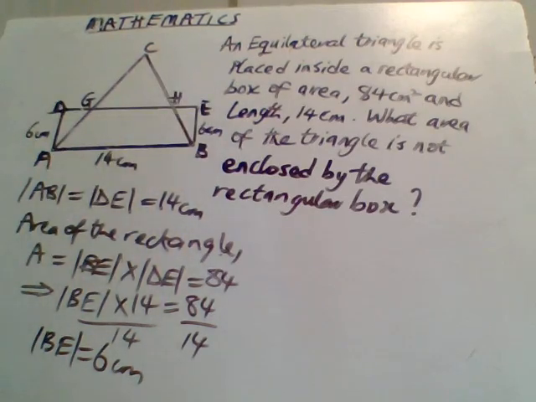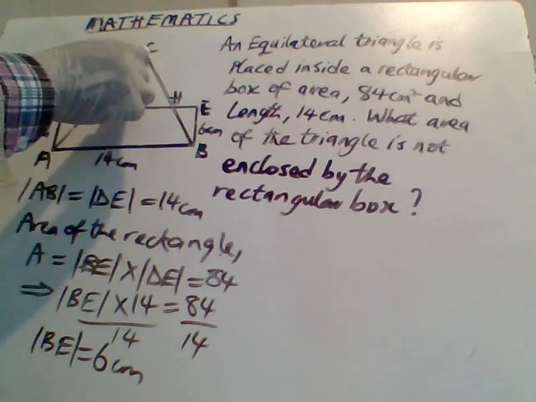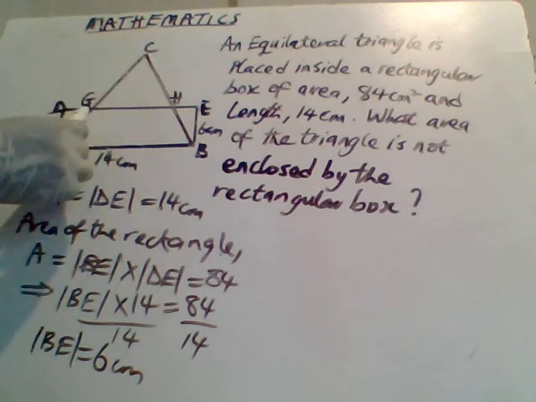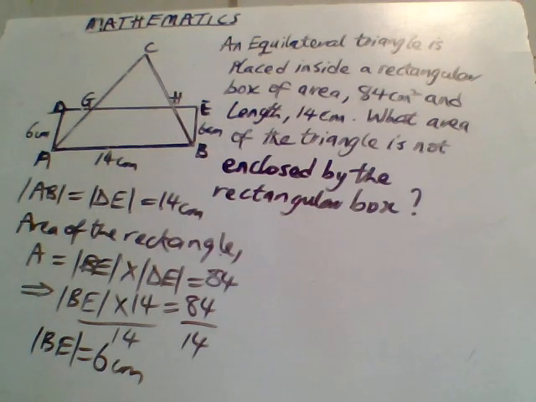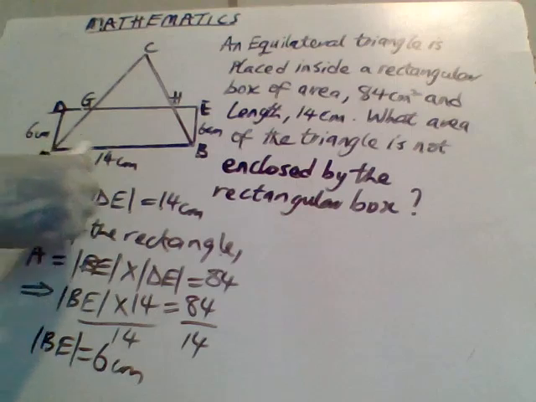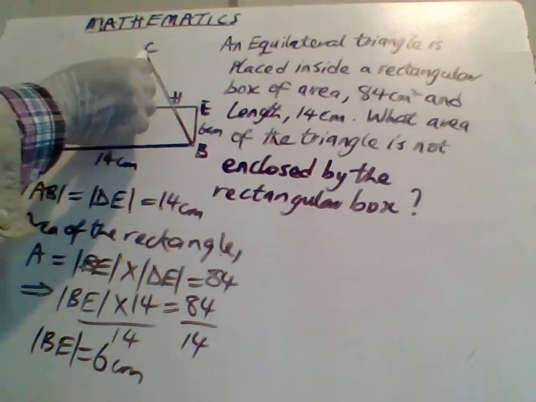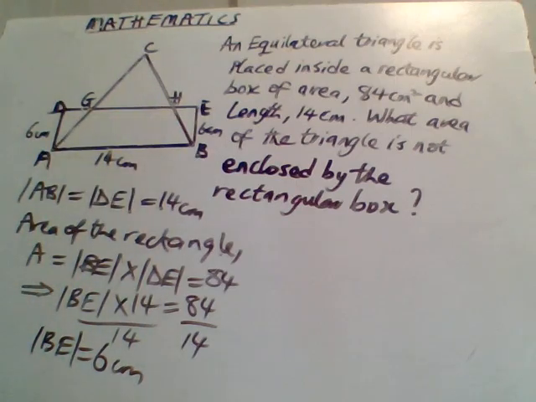So what we are looking for is the area of the triangle that is not enclosed by the rectangular box. That is the area of this triangle CGH. If you see, this side is enclosed by the rectangle, so what we are looking for is CGH.